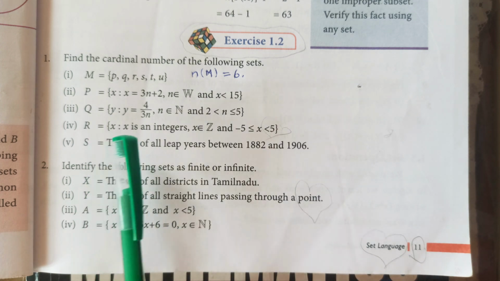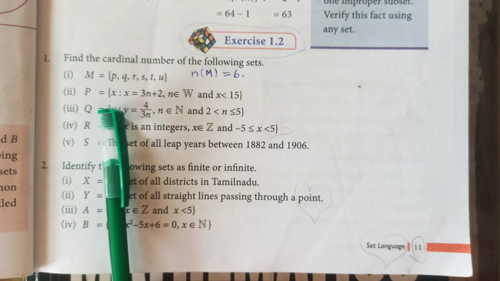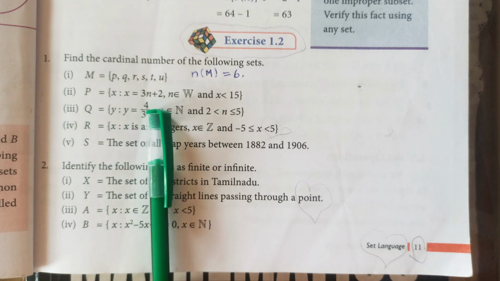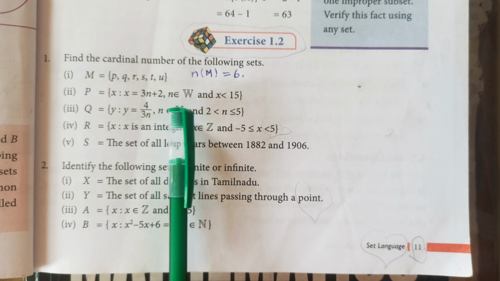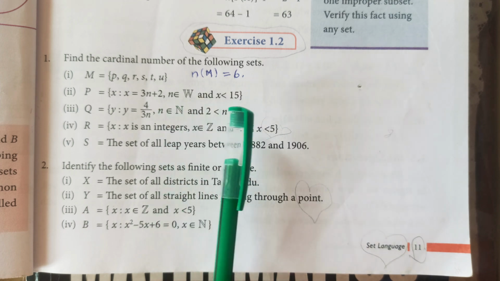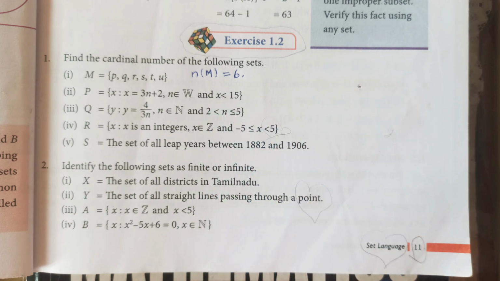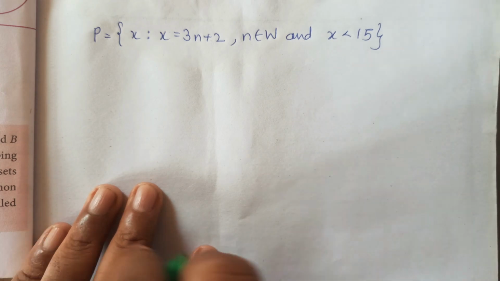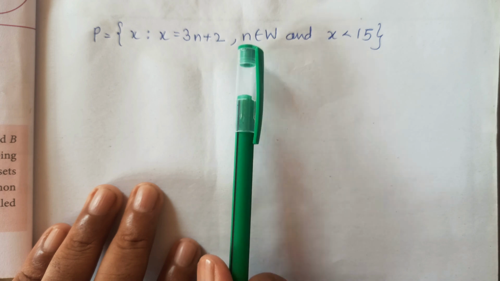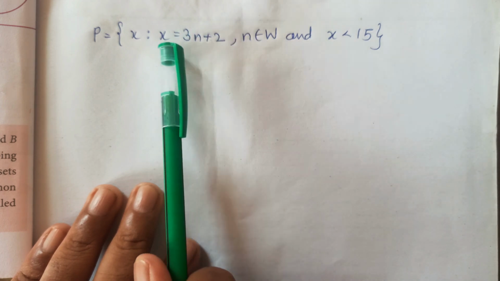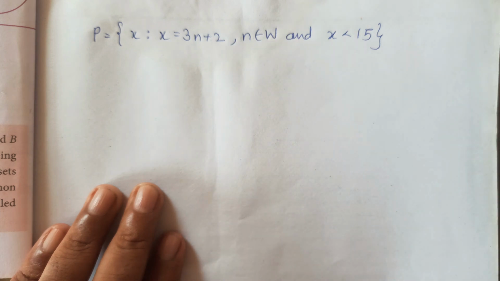Now the second question, we are given P is equal to x such that x equals 3n plus 2, n is a whole number and x should be lesser than 15. Okay. So as we know, small n is a whole number, so we substitute for this.